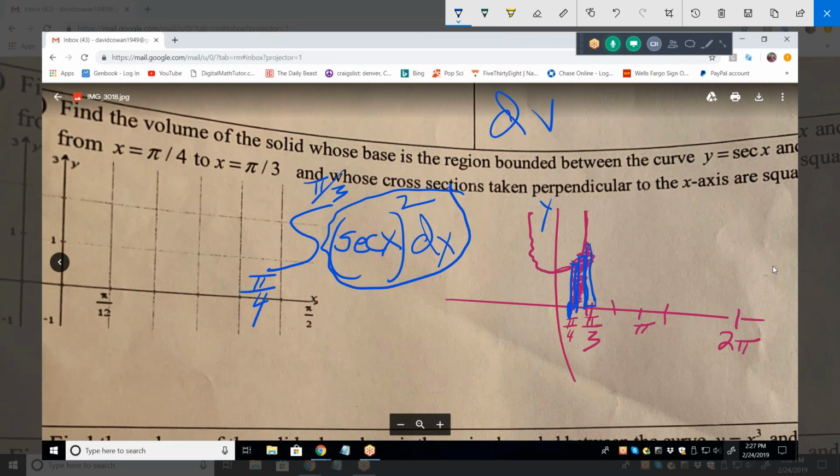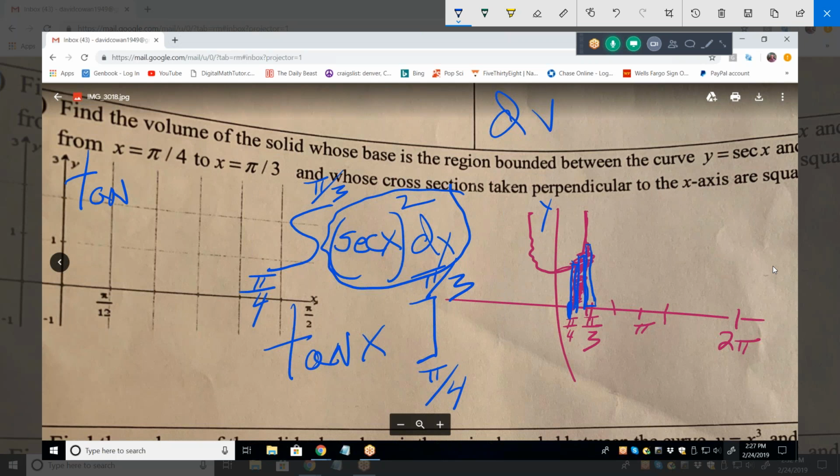What's the integral of secant squared? Wouldn't it be tangent x? Yeah. So the answer is going to be tangent x evaluated from pi over 4 to pi over 3. Well, everything in calculus is radians.